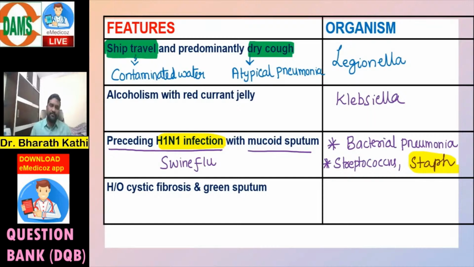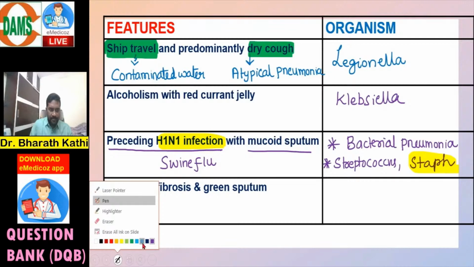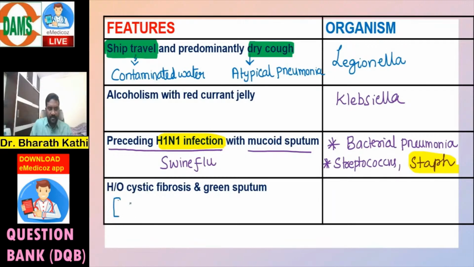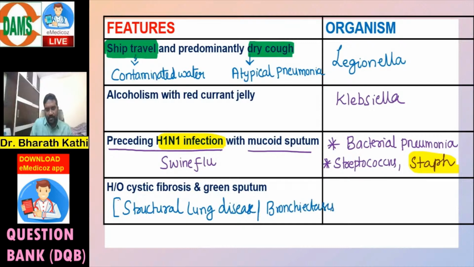Now, history of cystic fibrosis and green sputum. Whenever they mention the presence of bronchiectasis or structural lung disease, they all nearly mean the same. So the patient has structural lung disease or pre-existing bronchiectasis, and now he developed a lung infection.